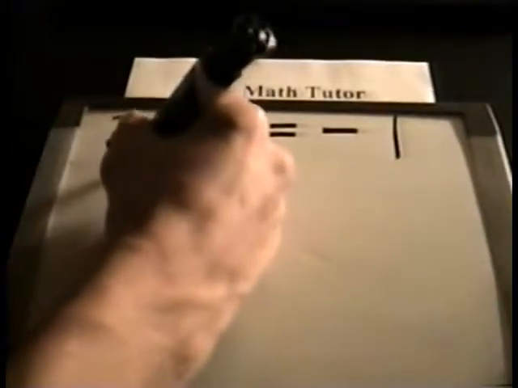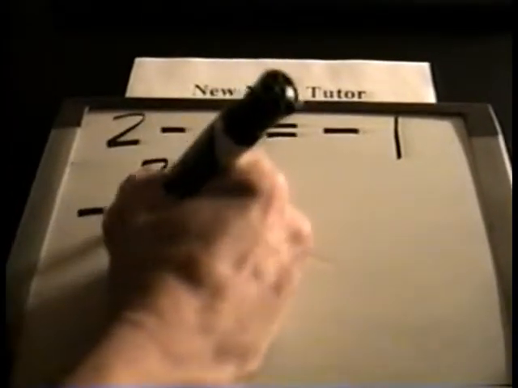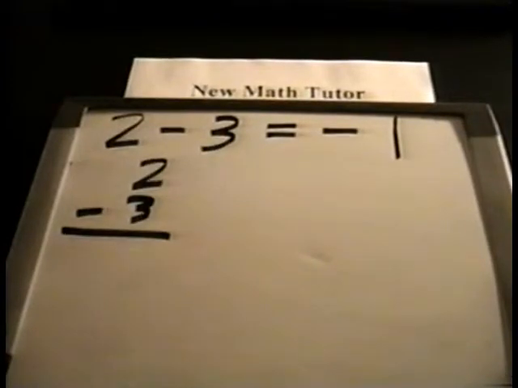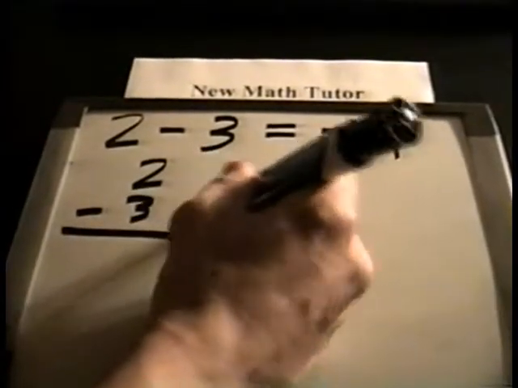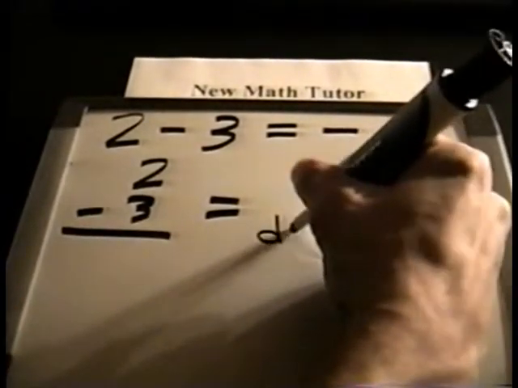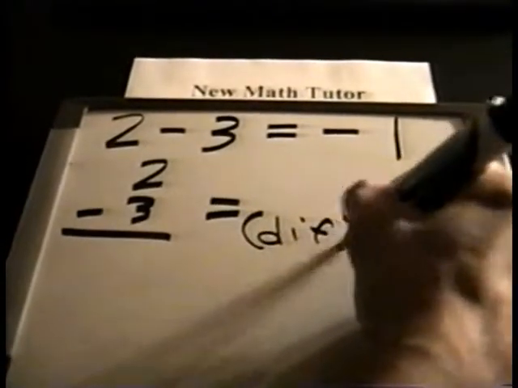So the value of the result is the difference between 3 and 2, or 3 minus 2, which is 1. So we have here 2 minus 3 equals negative 1.